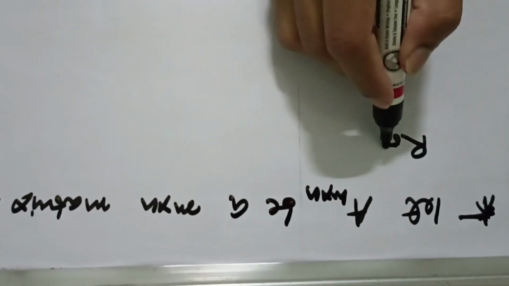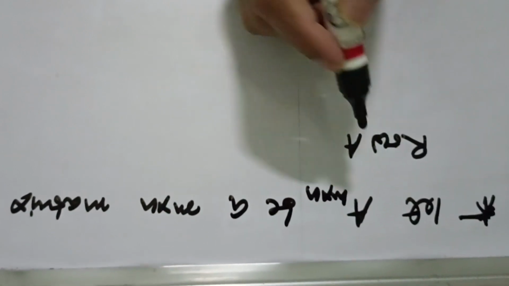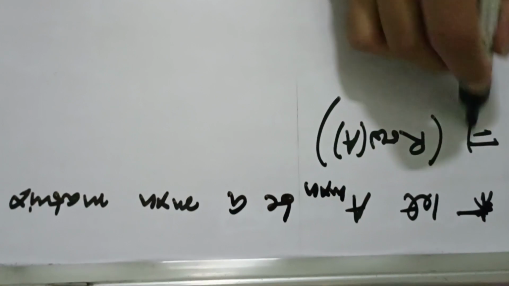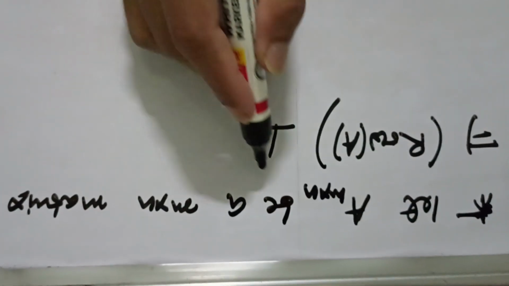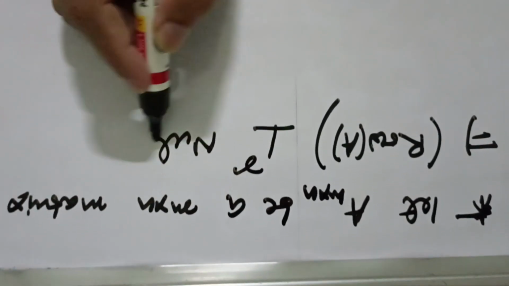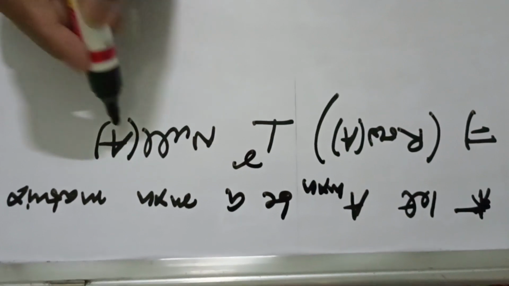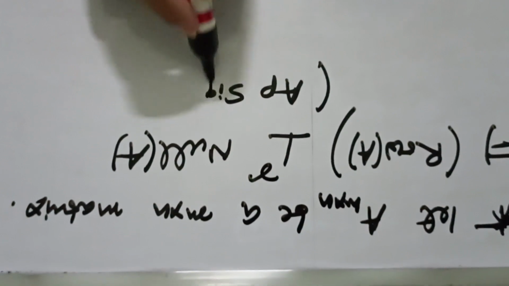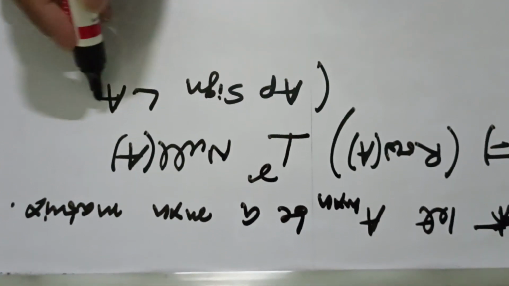the row space of A is orthogonal to the null space of A. This result is from the A. R. Singh linear algebra book.